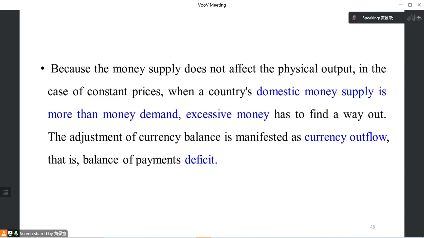The adjustment of currency balance is manifested as a currency outflow, that is, balance of payments deficit.